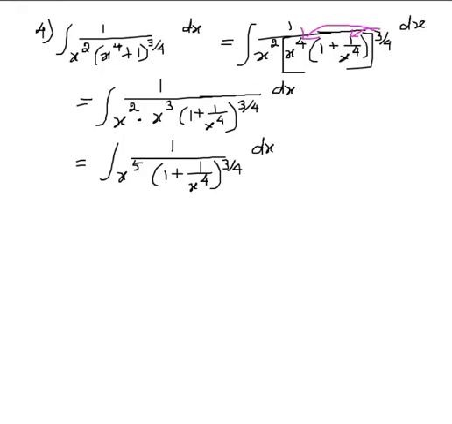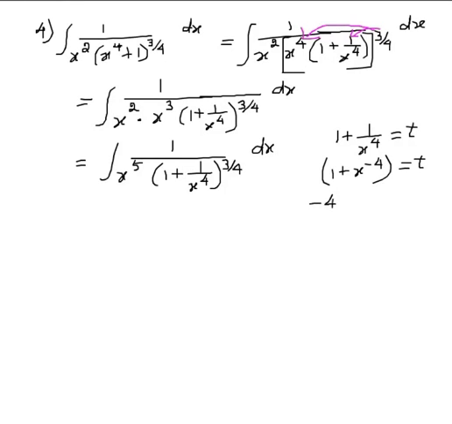Therefore, we will substitute 1 plus 1 divided by x power 4 as t. Or you may substitute only 1 by x power 4 also as t. This can be written as x raised to minus 4. Let us differentiate. Differential of 1 is 0.